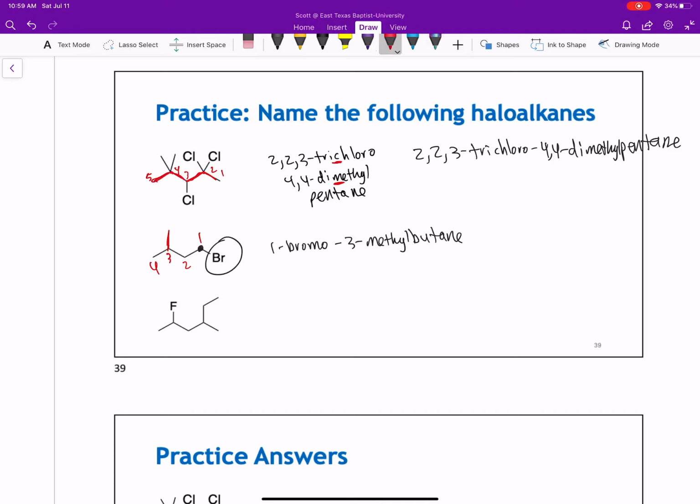And then this final one, 1, 2, 3, 4, 5, 6. So you encounter a methyl at 3 and a fluoro at 5, versus numbering this direction, fluoro at 2, which is the better way. So that's going to be 2-fluoro-4-methylhexane.